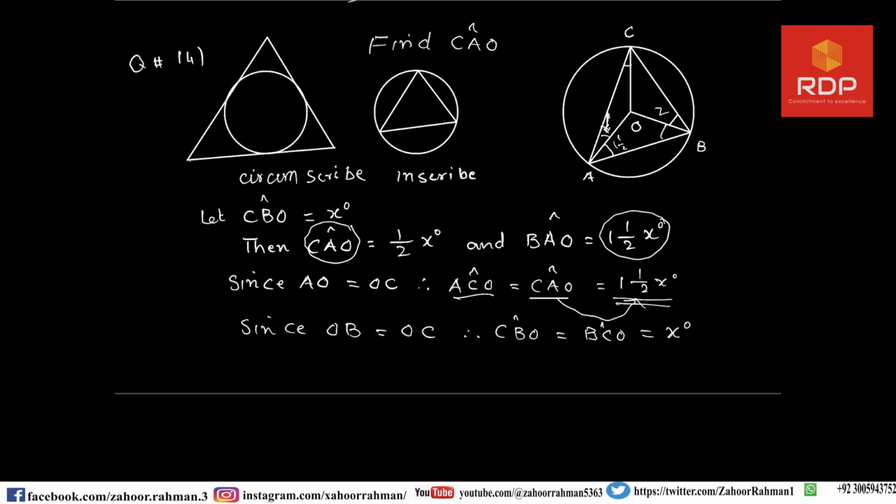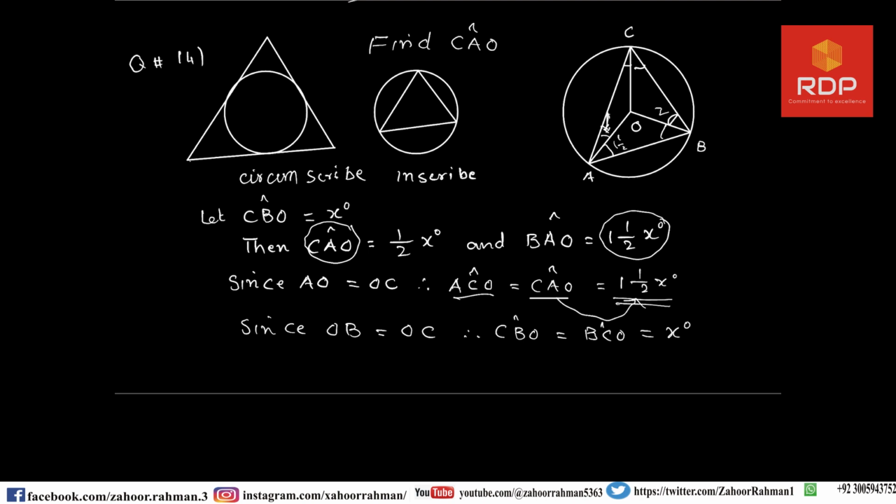How? First of all, OB is equal to OC. This line is equal to this line, because both are the radii of a circle. So if they are equal to each other, then CBO, which is this, will be equal to this one.